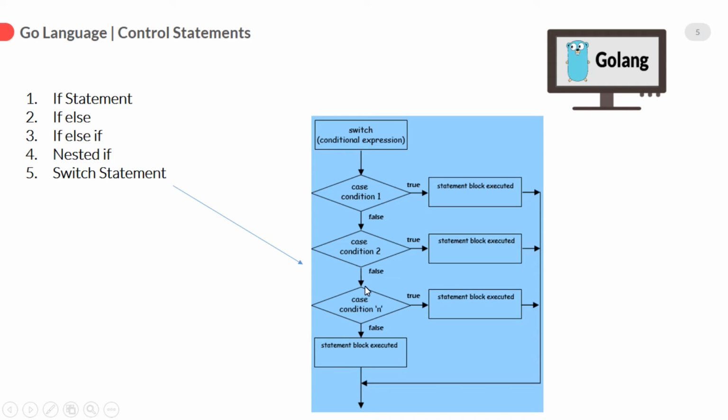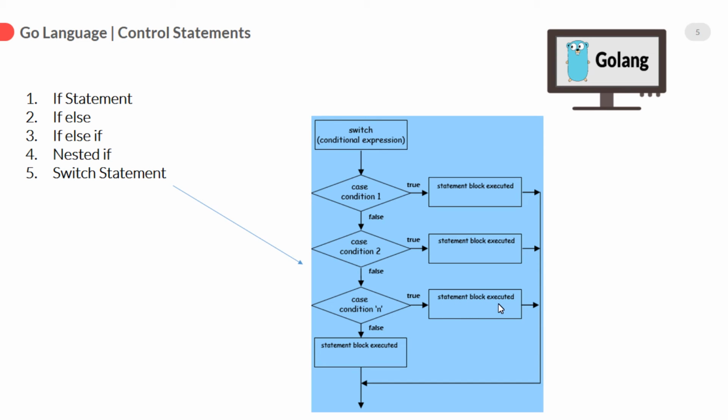And if the condition is false, then control will be passed to the next case, and the next case is 3, or you can put any finite number of cases in a switch statement.